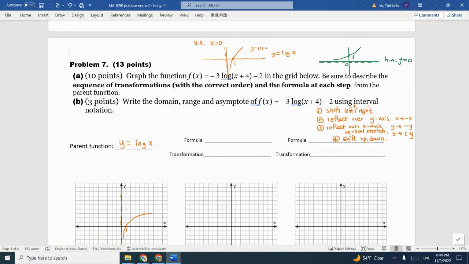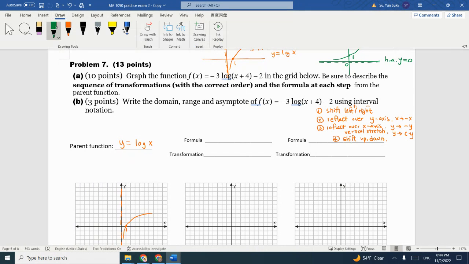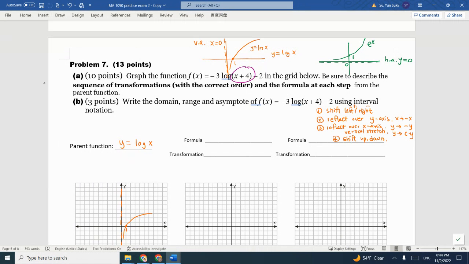Okay, now let's see here. Do we have shift left or right? Yes, we do: x plus 4, see? So y equals log of x plus 4. Plus is left, minus is right.